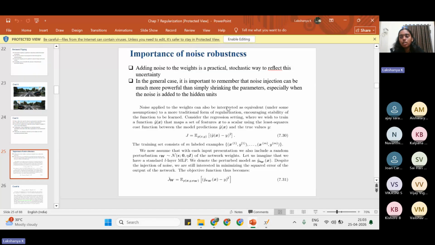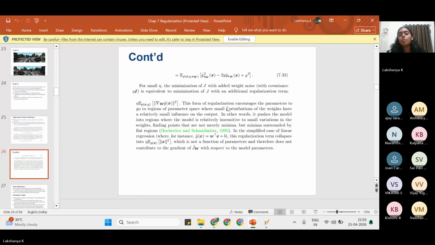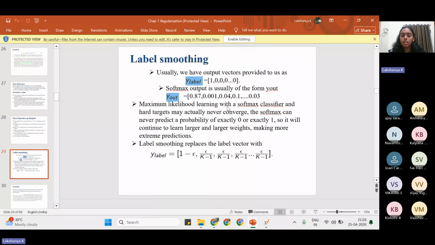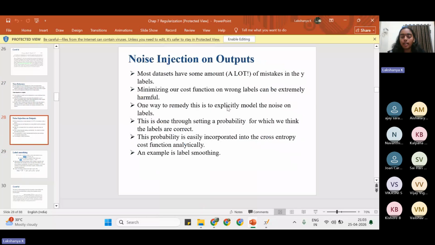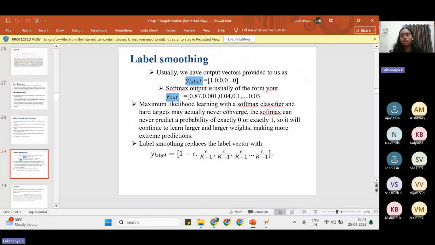Instead of giving a 0.01, if I give a 0.1, my output should not blow up unexpectedly, right? So it should be robust to small minute changes to a fair extent. So for that, what we do is we inject some noise into our weights or into our training data's outputs, so that your model, when it's learning itself, is learning to deal with noise, so it becomes somewhat robust.